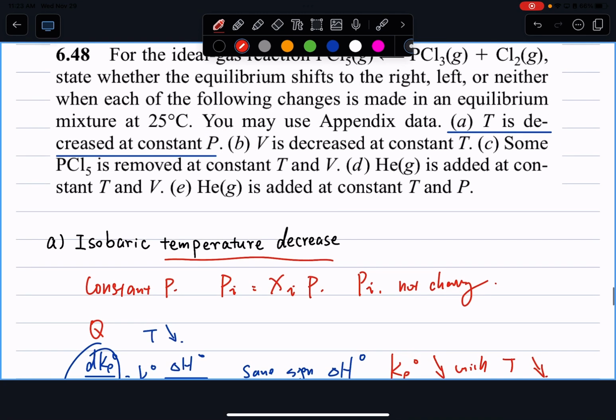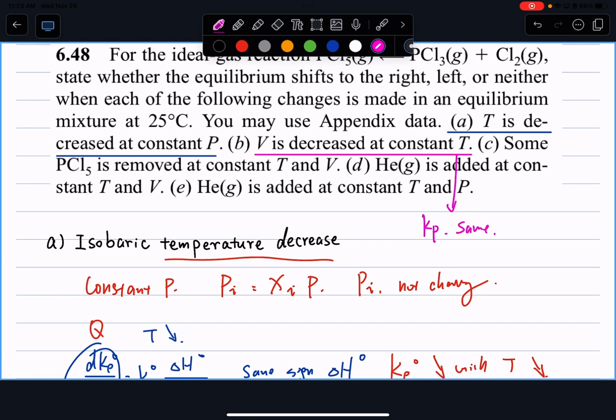Okay, next up, volume decrease at constant temperature. Constant temperature, so your Kp is not changing. We're talking about how your reaction quotient is going to change.